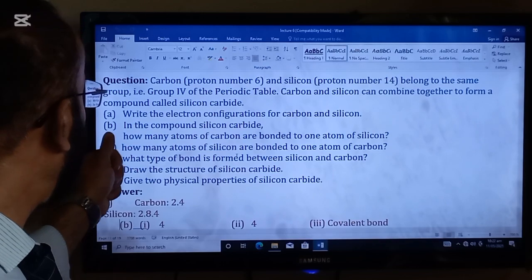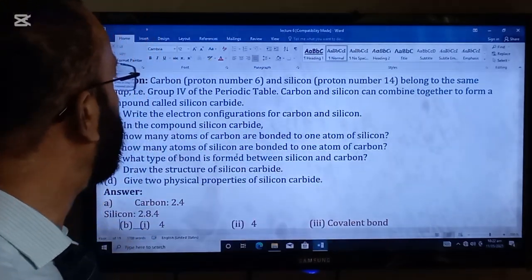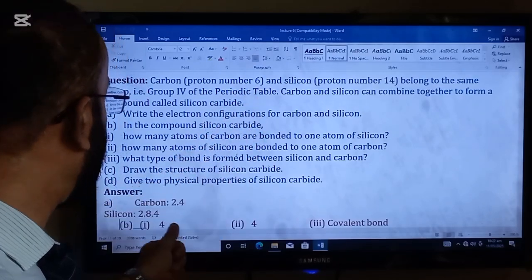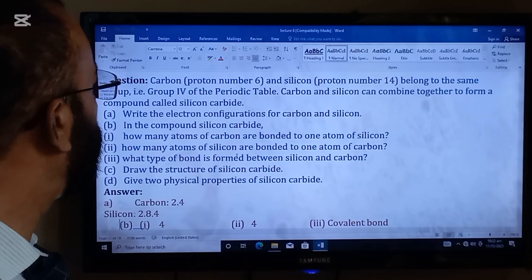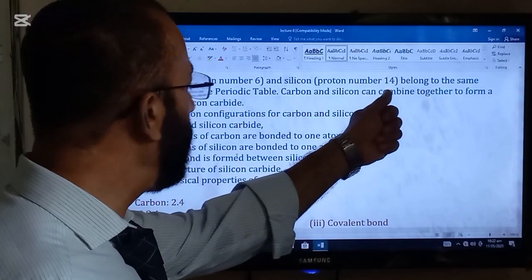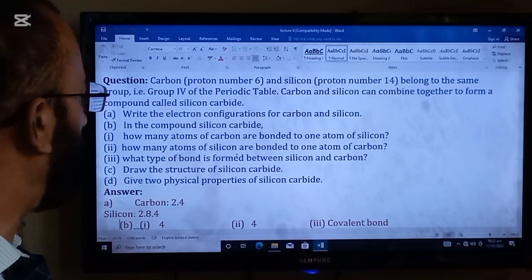A part's requirement is write the electron configuration for carbon and silicon. So in carbon there are 6 electrons, so configuration is 2,4. Whereas in silicon there are 14 electrons, so electron configuration is 2,8,4.